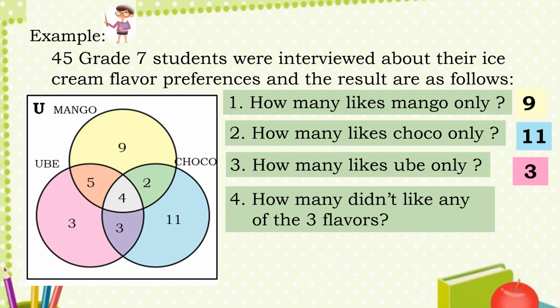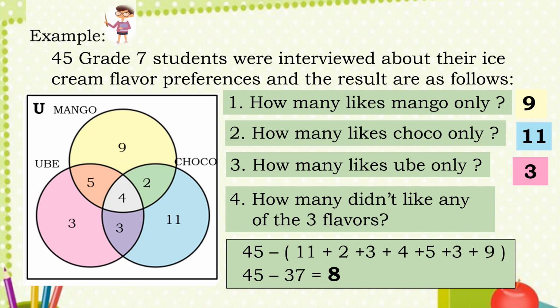In other words, for us to get who didn't like, we have to add all these numbers, and subtract it from 45, since 45 students were interviewed, diba?